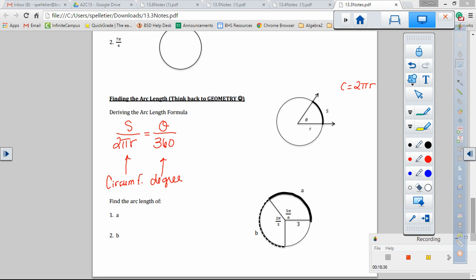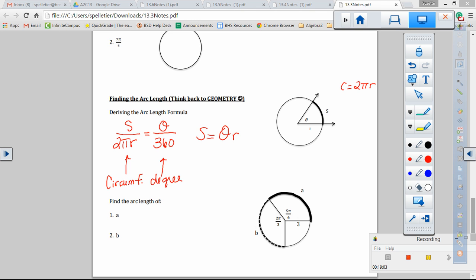The first fraction represents the fractional part of the circumference, and the second fraction represents the fractional piece of the degrees. So if I want to find A, in this first example down here, I am going to use the formula S equals theta times r.